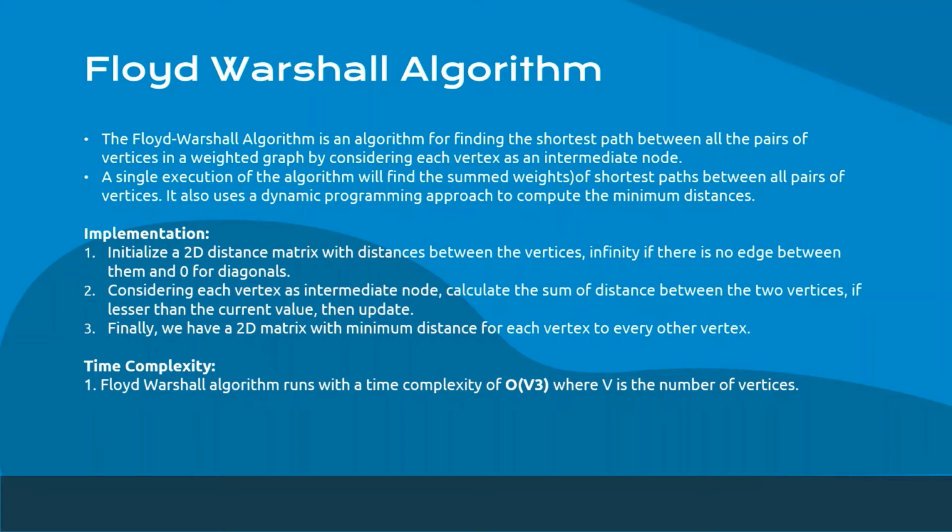Considering each vertex as an intermediate node, we calculate the sum between these two vertices. If it is lesser than what is already present in the matrix for that pair, then we update it. Finally, after the loop runs, we have a 2D matrix with the minimum distance between each pair of vertices. Since it runs for every vertex multiple times, the time complexity is order of V cubed.